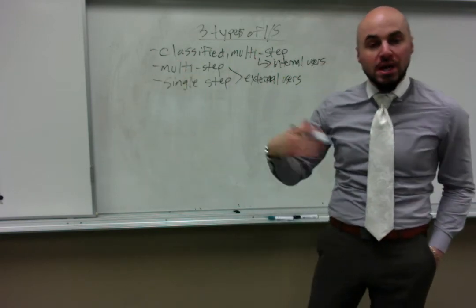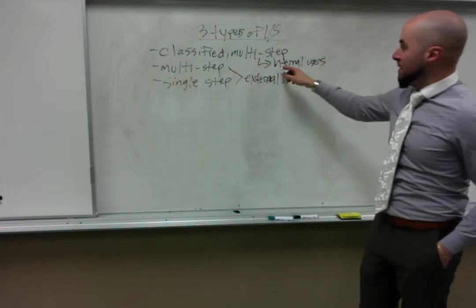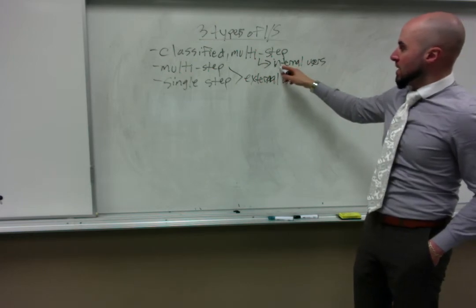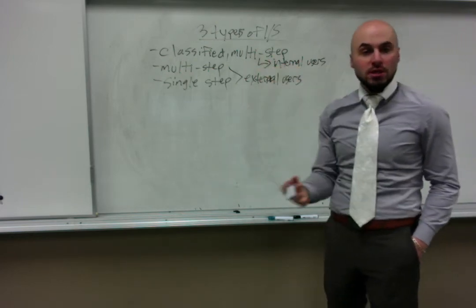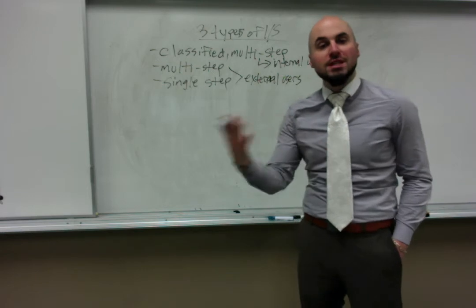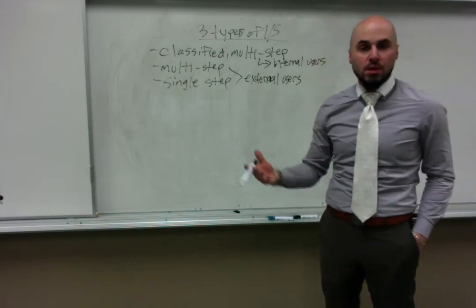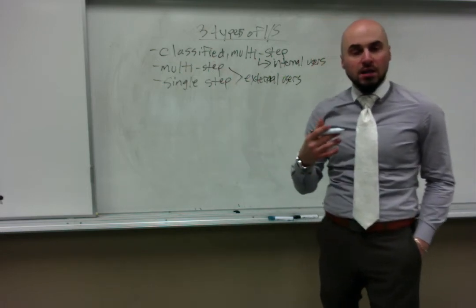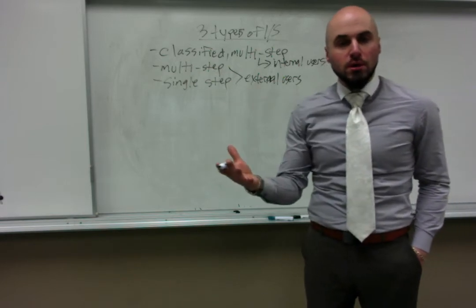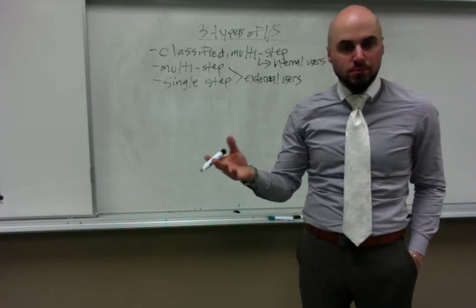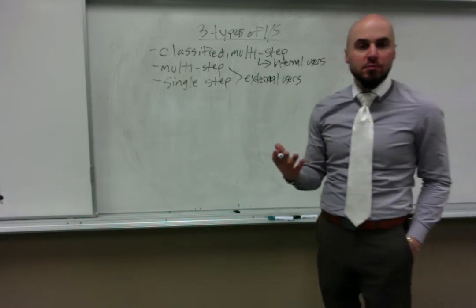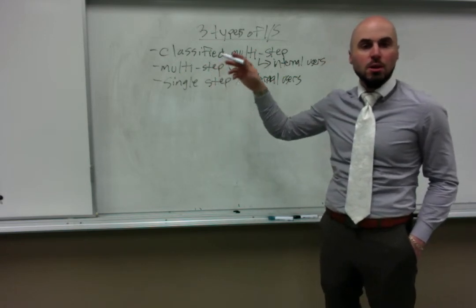Both have an interest in how the company is performing. And again, whoever's internally involved in the company will have more details available to them. And that's why classified, and classified is the clue. Classified information, okay? Exclusive information, only for the internal individuals.